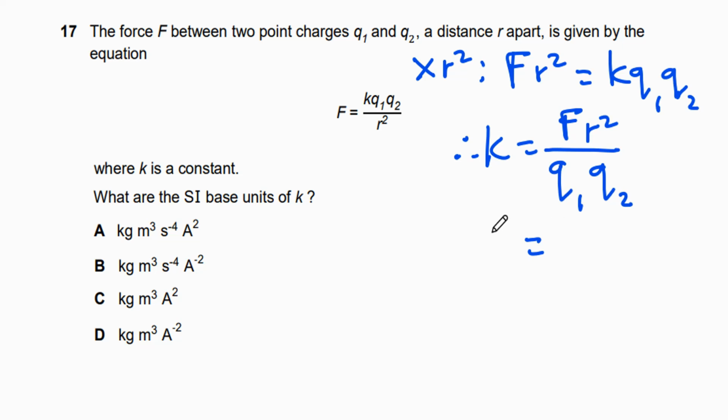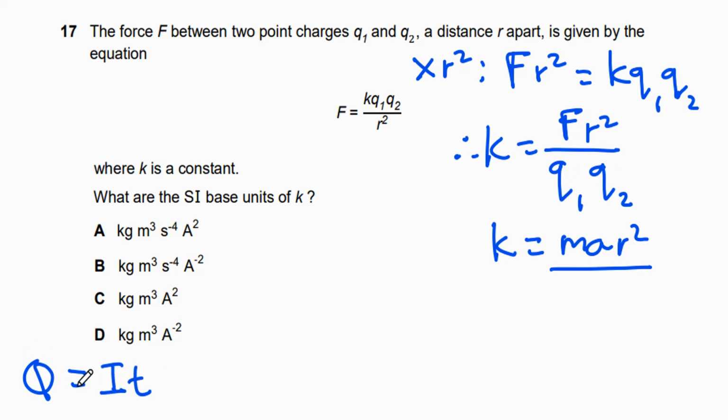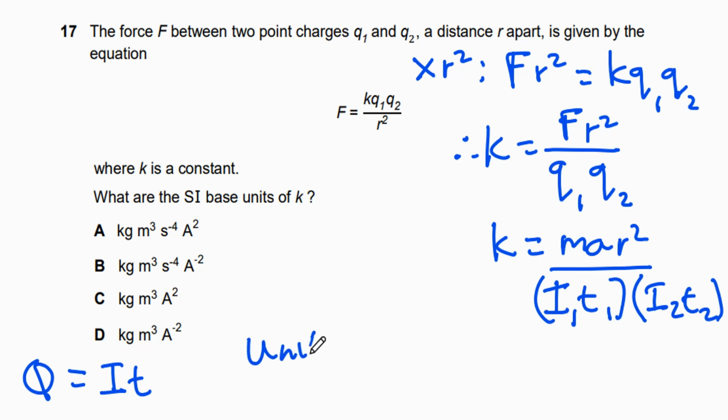We know that F equals MA. Then we want to write the charge here, or the charges, in terms of current. We know that Q, the charge, equals the current times the time. So Q equals IT. Q1 here we can therefore replace with I1 T1, and Q2 with I2 T2. Now we can bring in the SI base units.